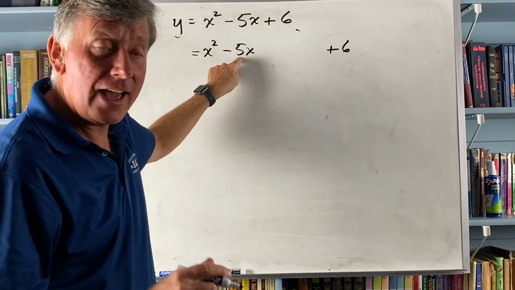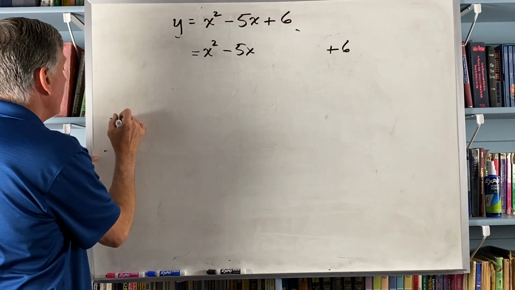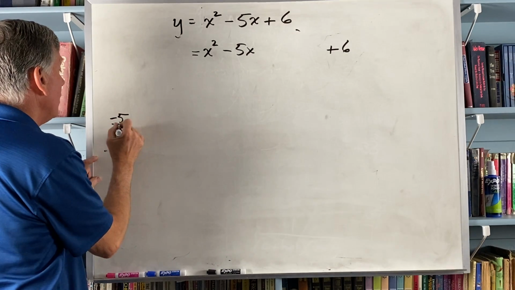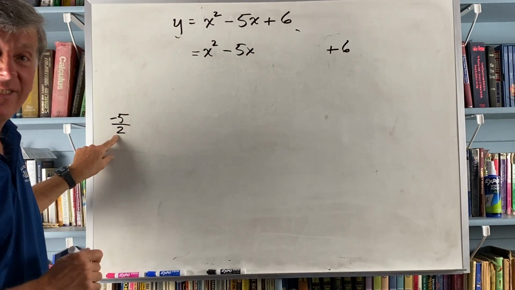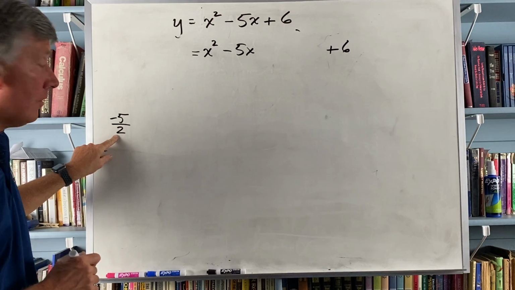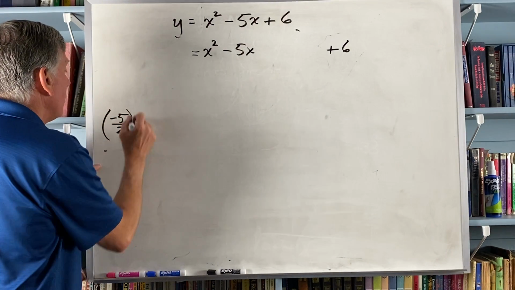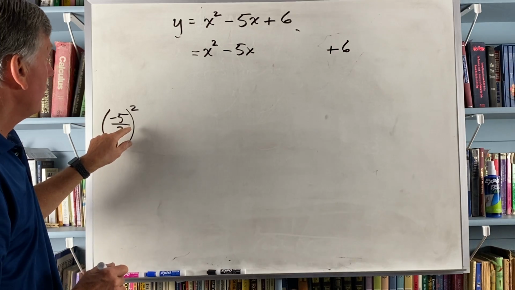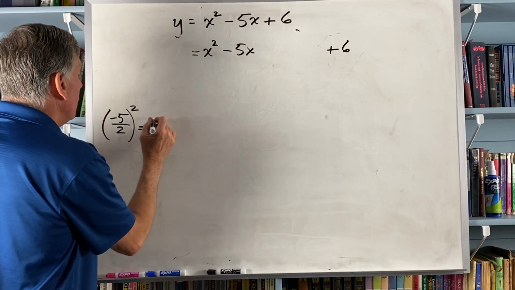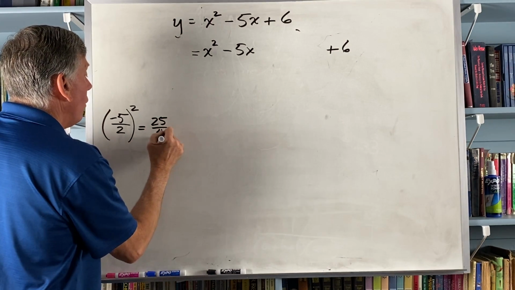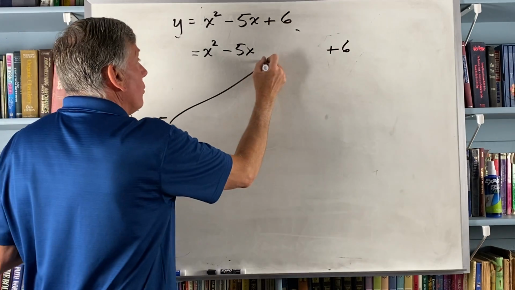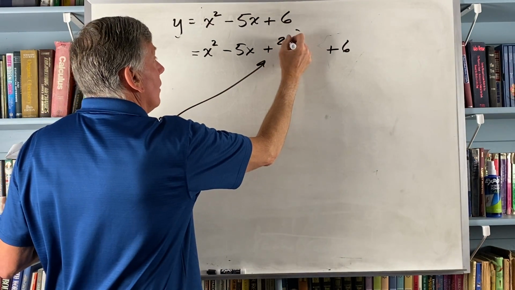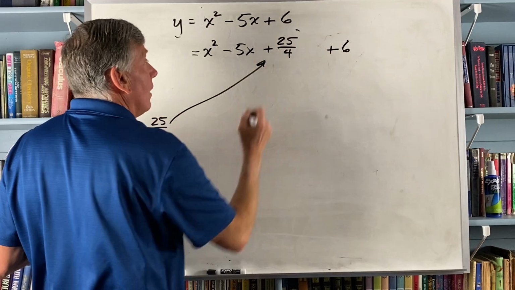I want to take half of it, so off to the side that's going to be minus 5 divided by 2, that's half of minus 5. And then I'm going to take this number and square it. That becomes 25 over 4. And that's the number I put right there to get my perfect square.